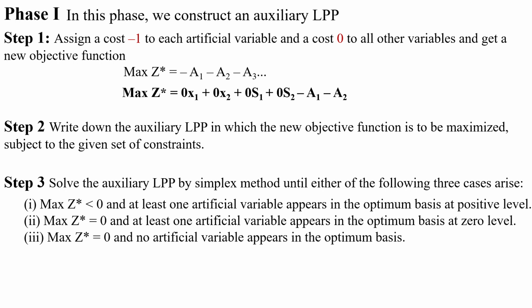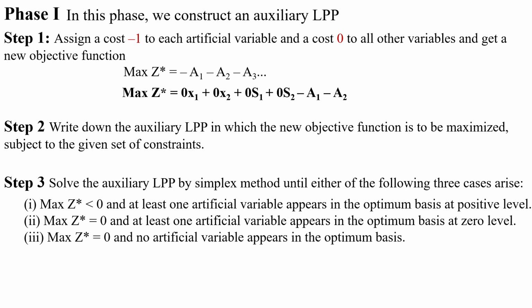So after forming the auxiliary LPP, we apply the simplex method and solve it. Then we have to observe which of the following cases is present. First case: maximum z*, the new objective function, is less than 0 and an artificial variable appears in the basis.